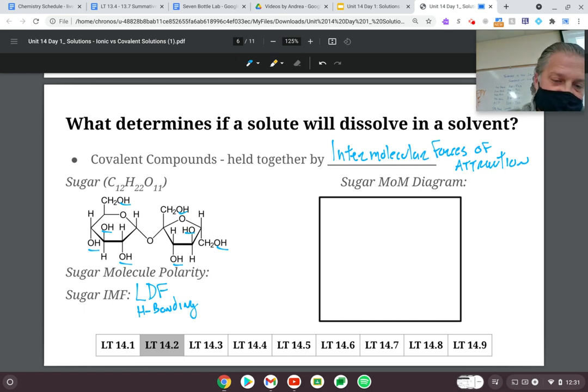And each of the points on this diagram is a carbon. You may recall from last unit that carbon, when bonded with oxygen, creates a dipole. So this is going to be dipole-dipole as well, which means this molecule is most likely a polar molecule.